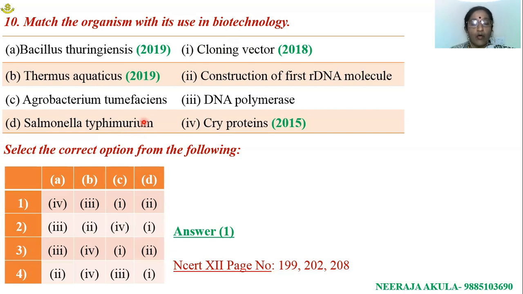Salmonella typhimurium. Cohen and Boyer are the scientists in the year 1972. They isolated an antibiotic resistant gene from Salmonella typhimurium and inserted it into Escherichia coli and constructed a recombinant DNA.